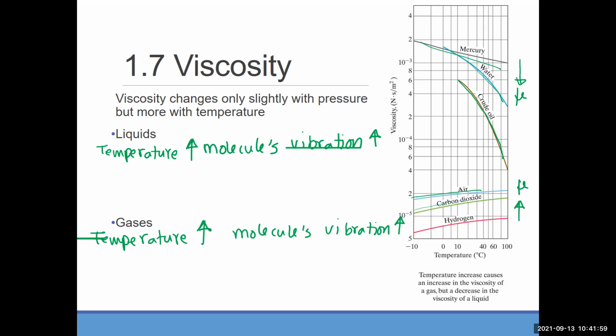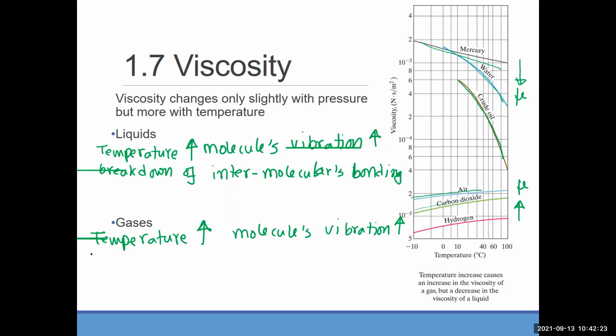Once molecule vibration increases, they will break down the intermolecular bonding, right?